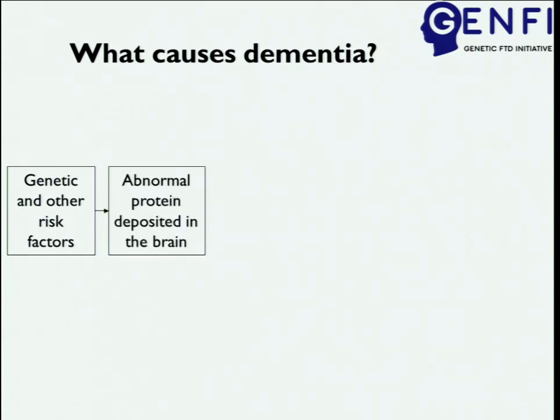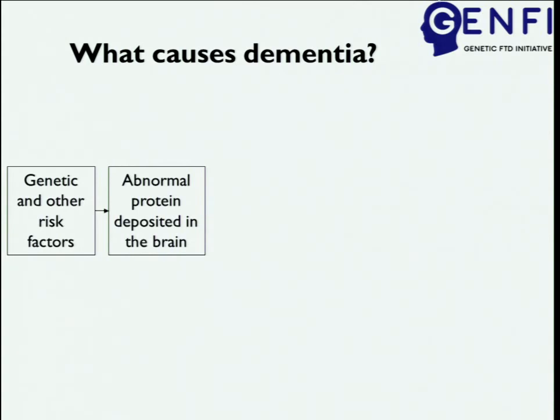But whatever that is that kicks off the disease, it leads through some biochemical pathways to an abnormal protein being deposited in your brain. And John has just shown you some pictures that we can now do looking at abnormal proteins deposited in the brain, with those amyloid PET scans in Alzheimer's disease, and we can now start to look at tau, which is one of the important ones.